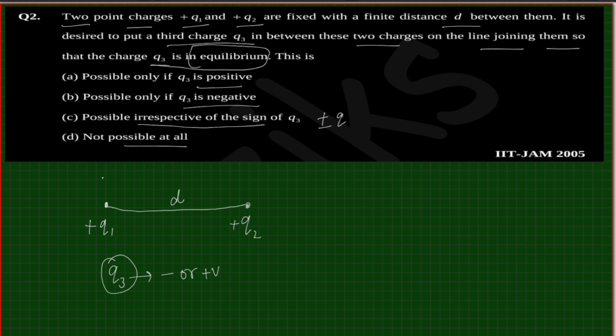We have to put this charge on this line such that Q3 is in equilibrium. Let's say we put Q3 here, and it should be in equilibrium. So if Q3 is in equilibrium, net force is 0.